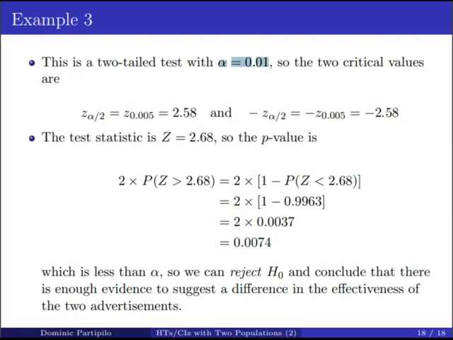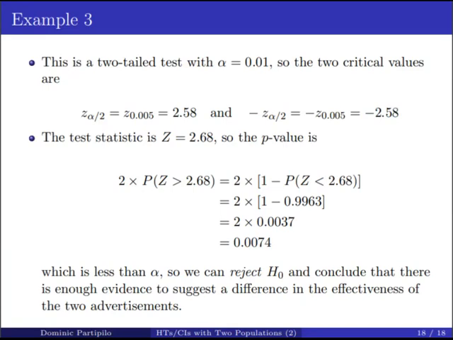Since alpha is equal to 0.01, Z alpha over 2 is going to be Z 0.005, which is equal to 2.58. And since the Z distribution is symmetrical, we can use the negative version of that as the critical value on the left side, and that's going to be negative 2.58.